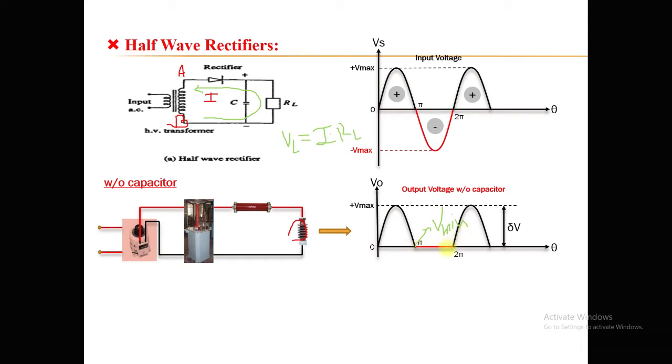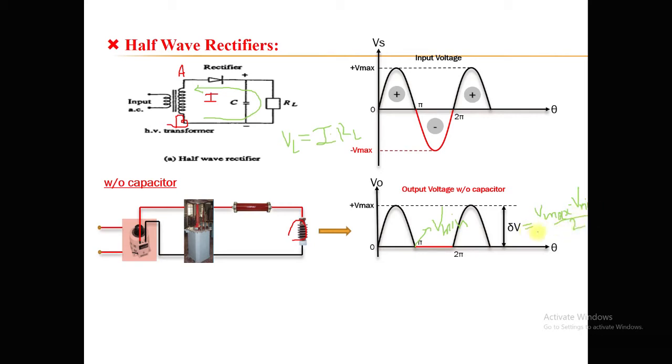This delta V represents the ripple voltage magnitude, which is given by the equation Vmax minus Vmin divided by 2.